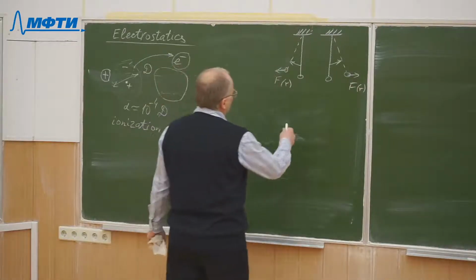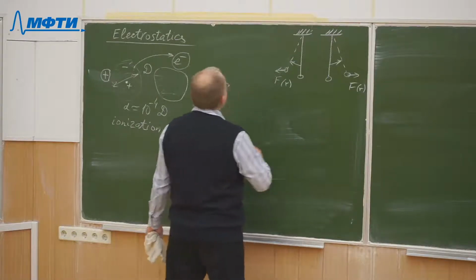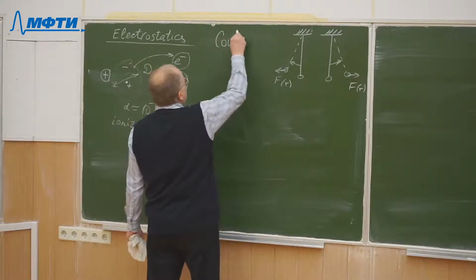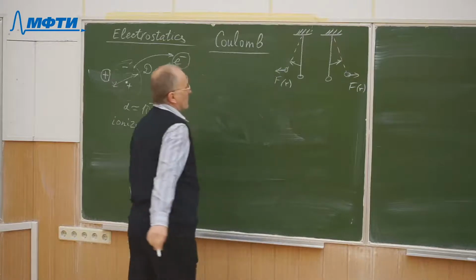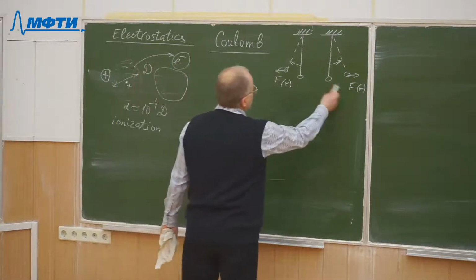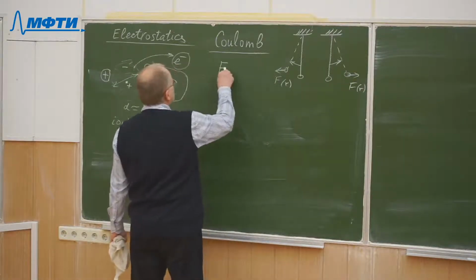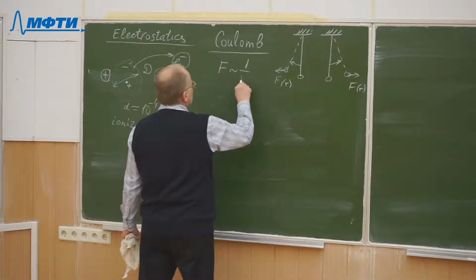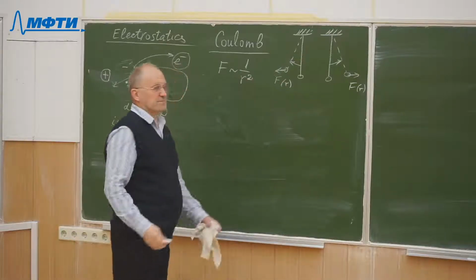Such experiments were made by Coulomb, a French physicist, Charles Coulomb. He found that the force of interaction between two charged particles is inversely proportional to the square of the distance between the two particles.